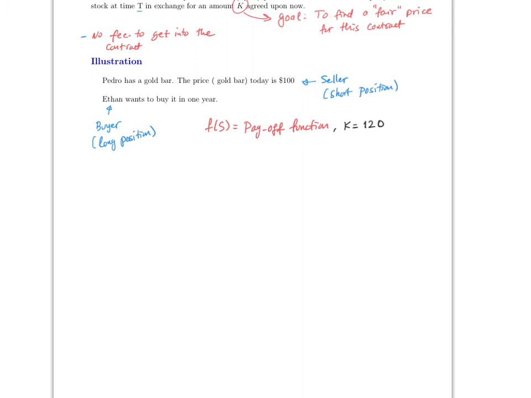So let's look at this from the point of view of the buyer and the seller, from both of them, and let's analyze the payoff functions. So the x-axis is going to stand for S_T, and the y-axis is going to be the payoff function. First let's look at the buyer, and then this one will be the seller.